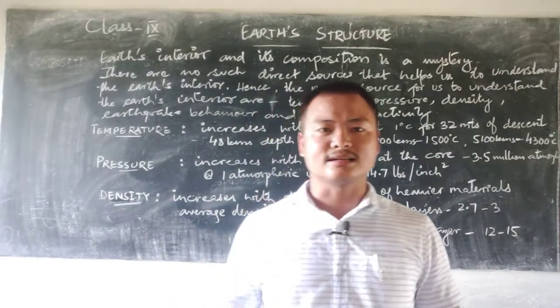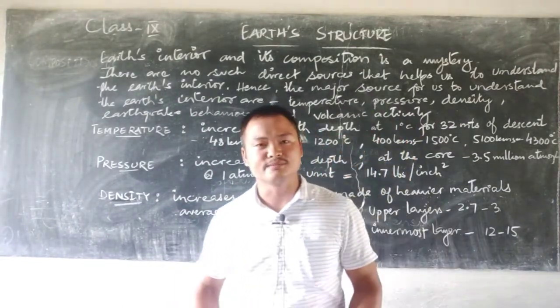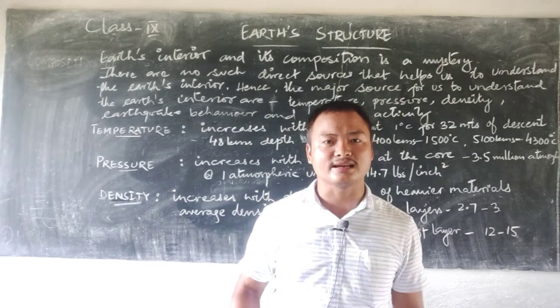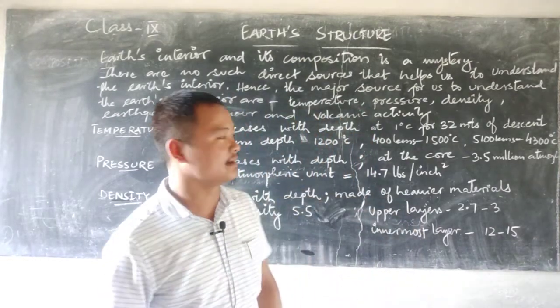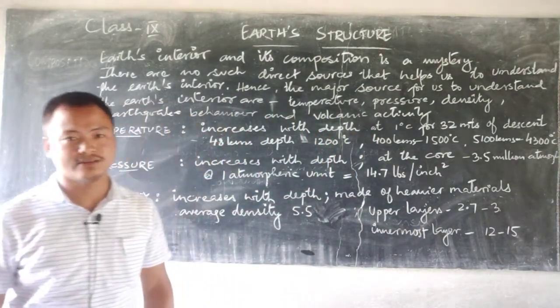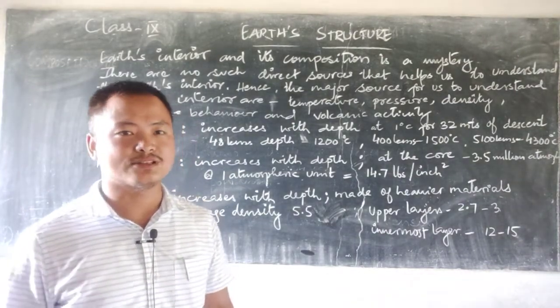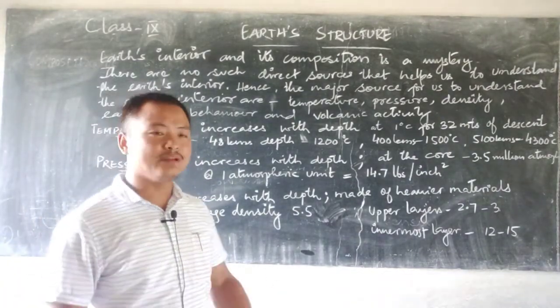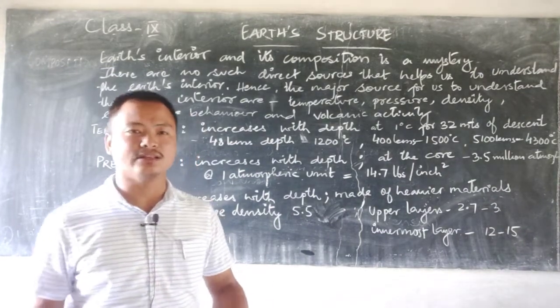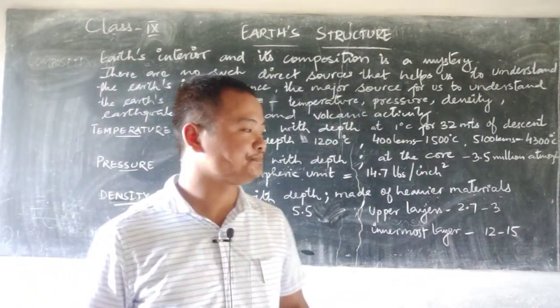But this is a concern because it still is a mystery and there are no direct sources that help us understand the interior part of the Earth. But there are obviously indirect sources that help us to understand what we find or how the Earth's interior looks like.